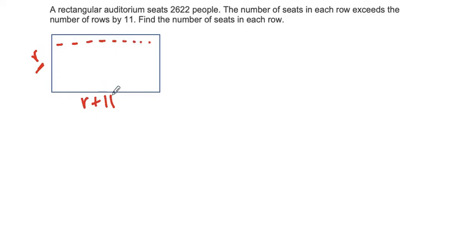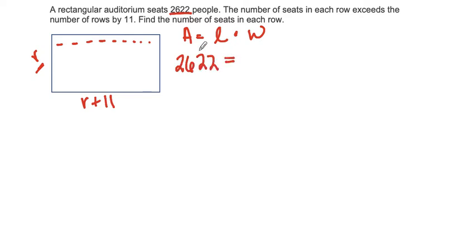Now, when we look at a rectangle, the way to find the area is length times width. We know the area, or the total number of seats, is 2,622.